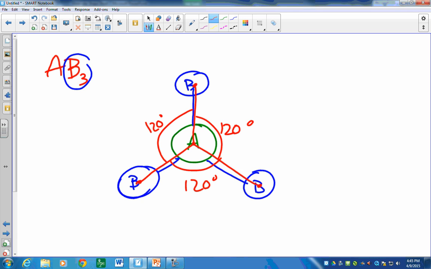And so for an AB3 molecule, the bond angles are 120 degrees.